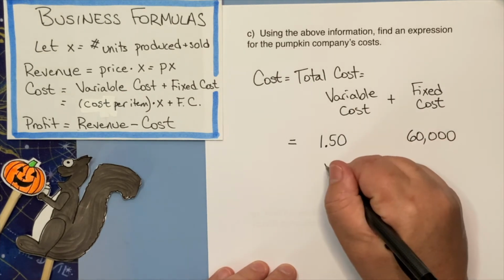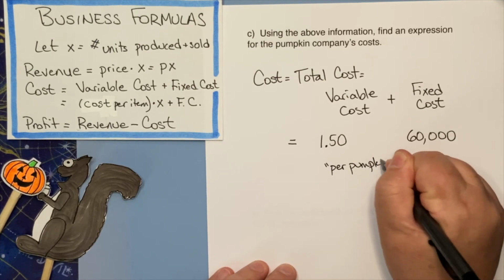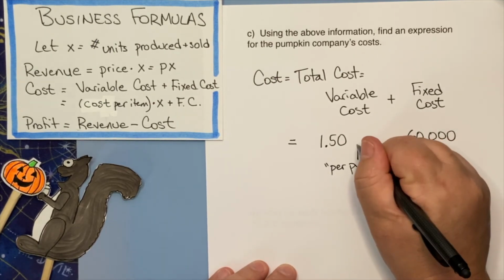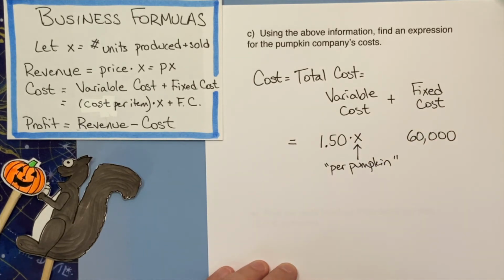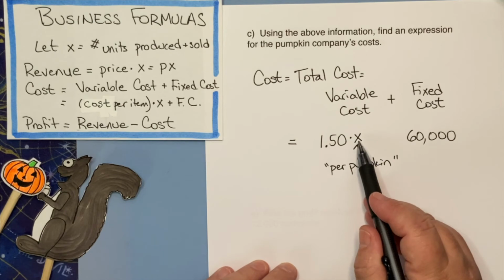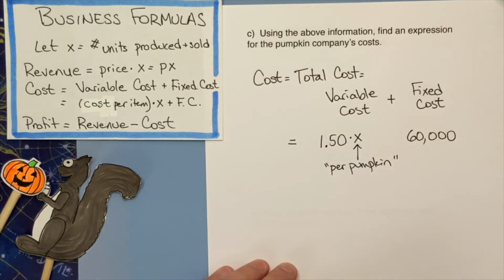Since it says per pumpkin, you need to write times X. The variable cost will always have, well, a variable in it. I mean, it stands to reason. So the variable cost will change according to how much X changes. So you need a variable in that.